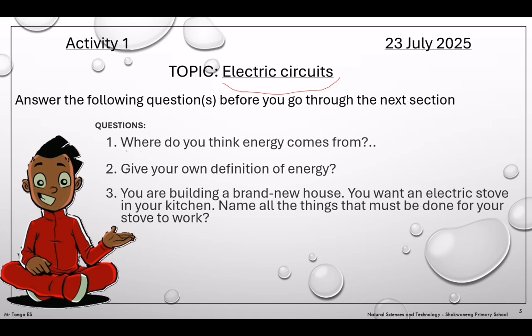Question number 1: where do you think energy comes from? Question number 2: give your own definition of energy. And 3: if you're building a brand new house and you want an electric stove in your kitchen, name all the things that must be done for the stove to work.